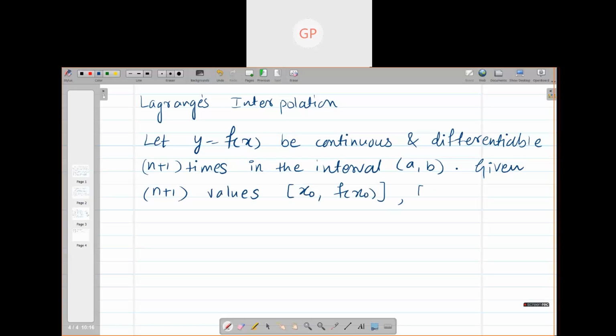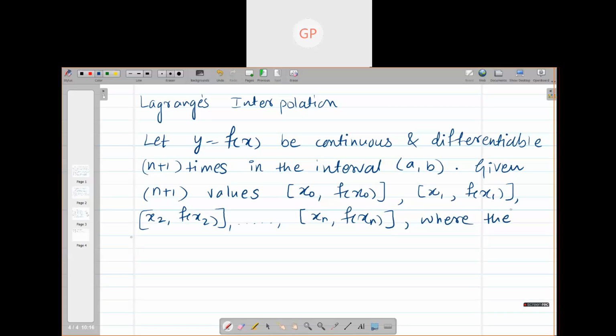Okay, next will be x1 comma f(x1). Next will be x2 comma f(x2), and so on. You have up to xn comma f(xn).